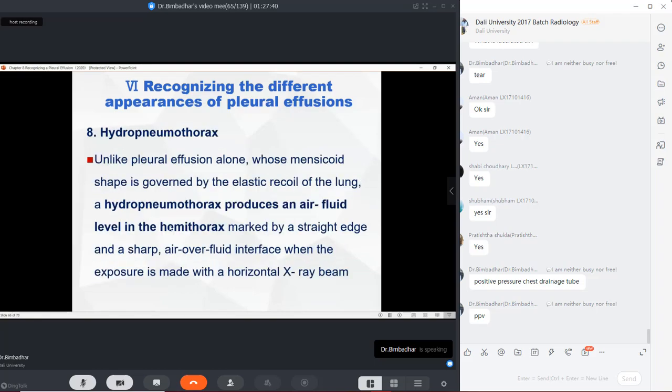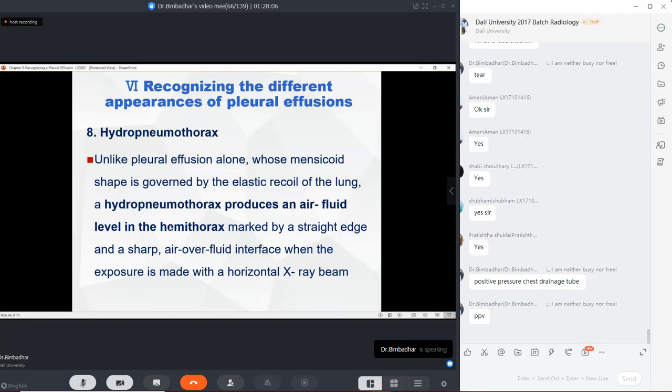Okay, hydropneumothorax has both the features of pleural effusion and pneumothorax. Where there is air, you will have absent lung markings and clear rib shadows, along with contralateral tracheal deviation and mediastinal shift. And in the dependent areas, you will find hyperdensity, the meniscus sign.